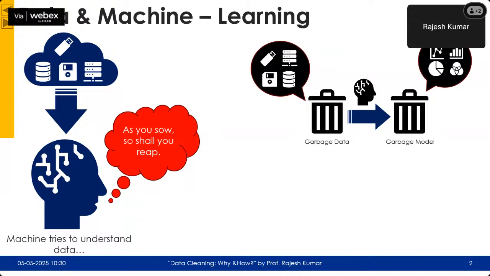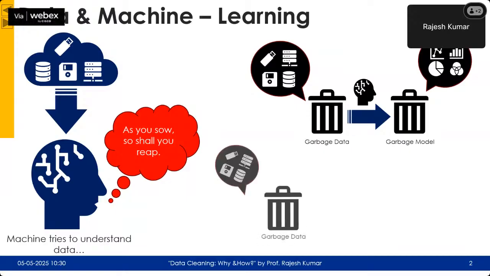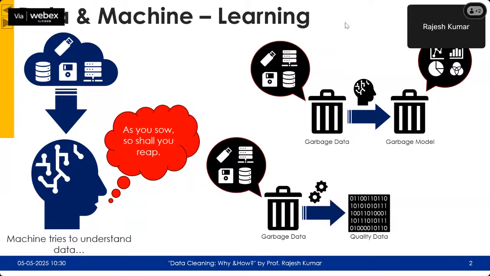Because if the data is corrupted and polluted, a lot of issues are there. The model uses those patterns to develop a model which is not accurate. So if this is the scenario, what to do? The best way is to convert your garbage data to quality data.